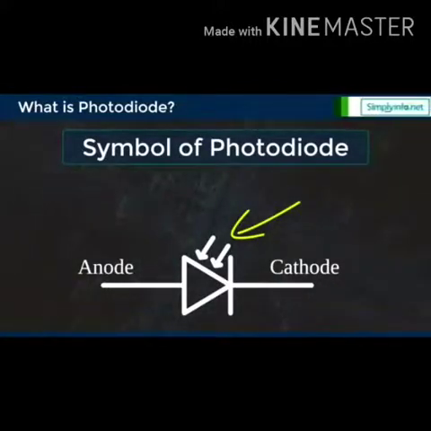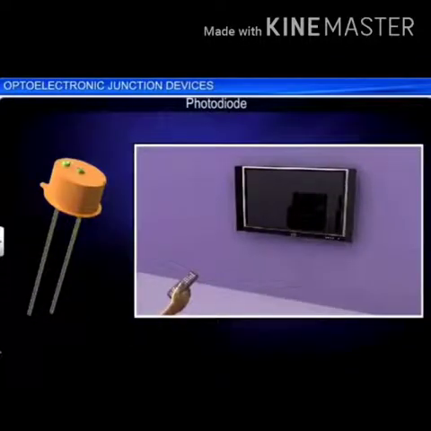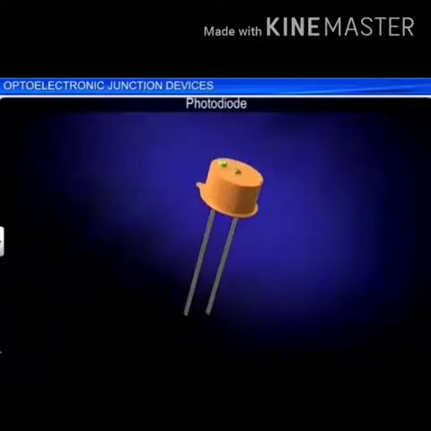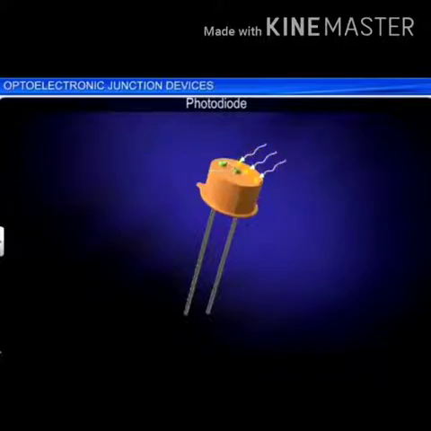The device consists of a PN junction semiconductor made up of photosensitive material kept safely inside a plastic casing. It has a small transparent window that allows light to be incident on the PN junction. A photodiode can generate current when the PN junction is exposed to light and hence is called a light sensor.